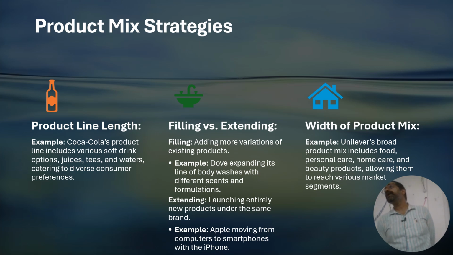For example, L'Oreal. L'Oreal has a shampoo. At the same time, L'Oreal has a hair conditioner. At the same time, L'Oreal has a hair color as well. Garnier Fructis, initially they entered the market with a shampoo.